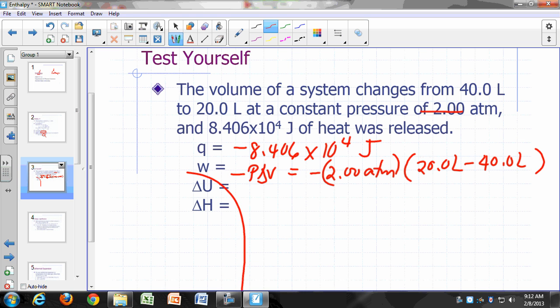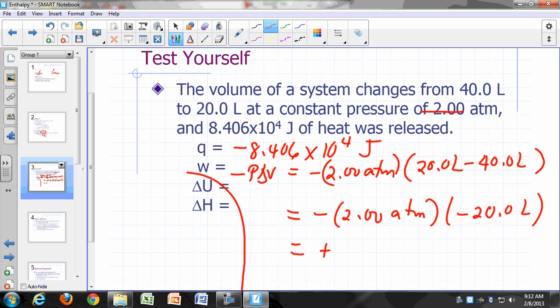So this is going to be equal to negative 2.00 atmospheres times negative 20.0 liters. Negative times negative, that's a positive number, 40.0 liters times atmosphere.